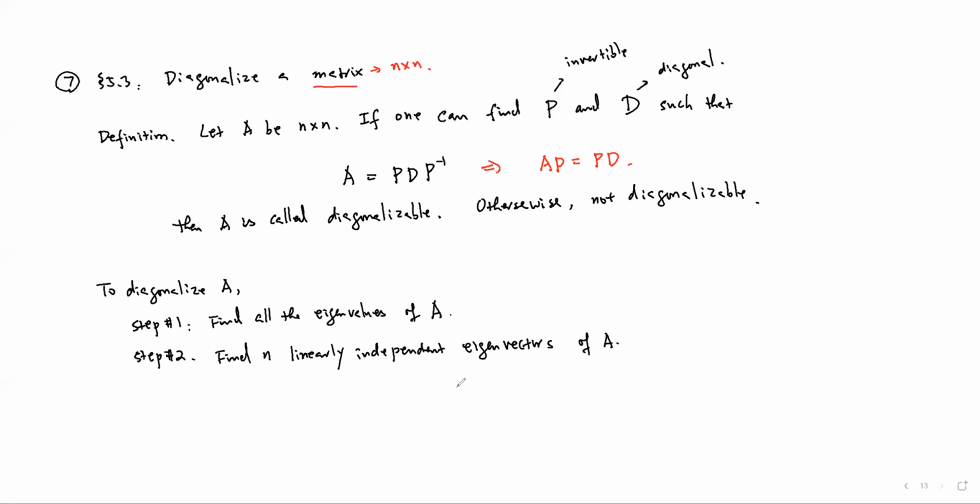Take a look at one example. This is example number 3 in the book, page 315. Diagonalize this matrix.